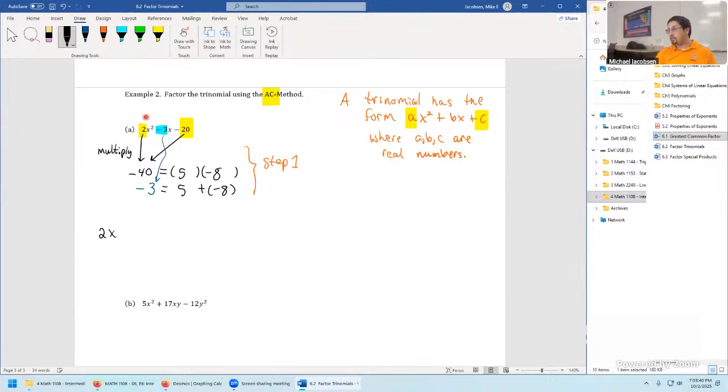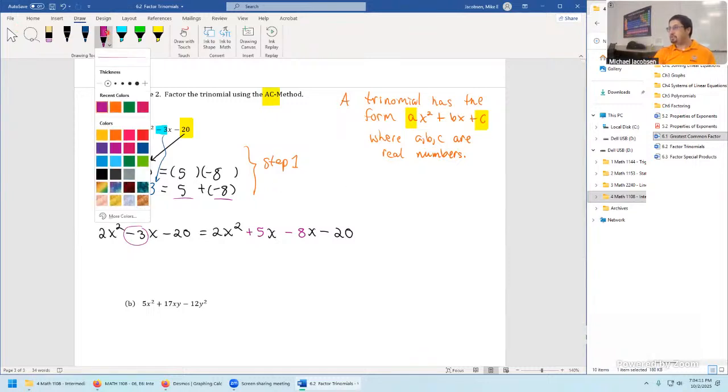Take 2x squared minus 3x minus 20. And this negative 3, we just replace with those two numbers we just found. So this turns into 2x squared plus 5x minus 8x minus 20.